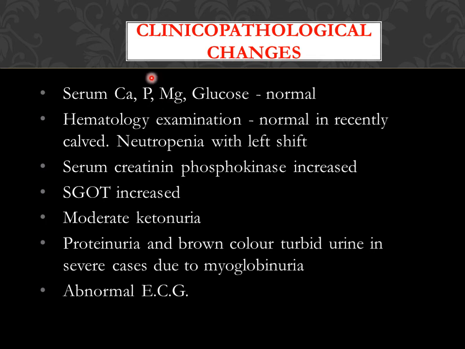Here we will see clinicopathological changes. Serum calcium, phosphorus, magnesium, and glucose levels are normal. Hematology is normal in recently calved animals, but later on there is neutropenia with left shift.